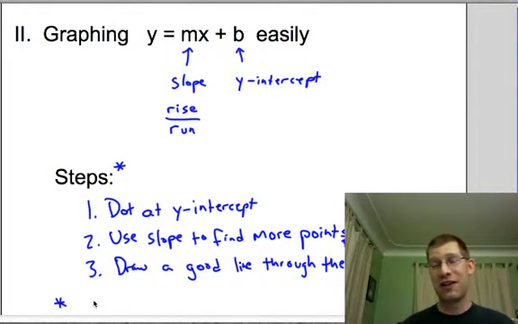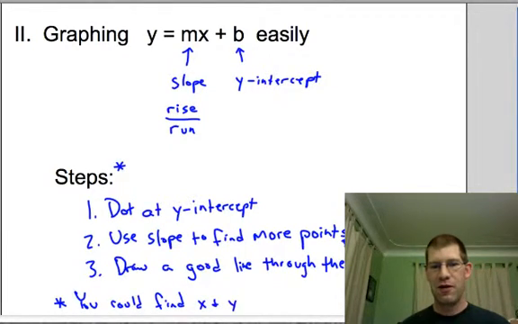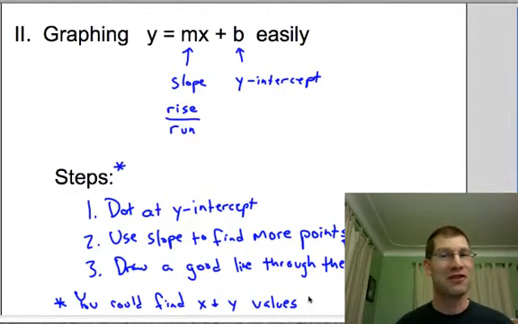You could even use your graphing calculator, put it in, and have that do a table for you. You could find x and y values. I don't know if that's noteworthy, but I figure I better cover my bases. The old way does work, but this really is pretty slick.